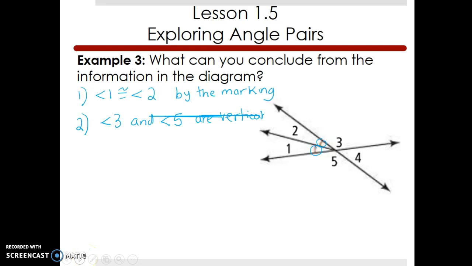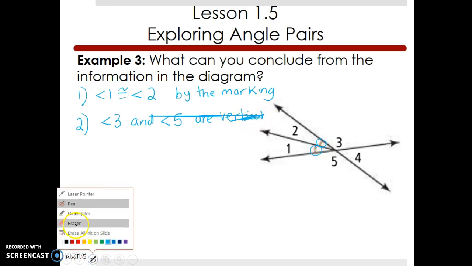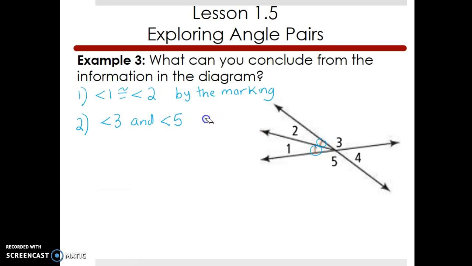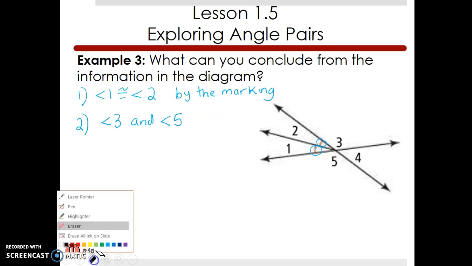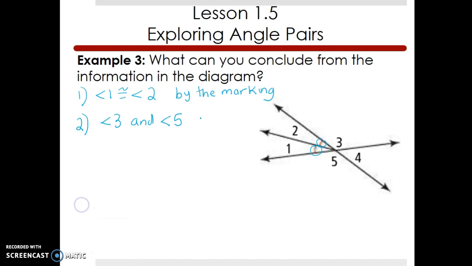This line is a little disturbing. Alright, again, it's two straight lines crossing and it's the angles that are opposite.